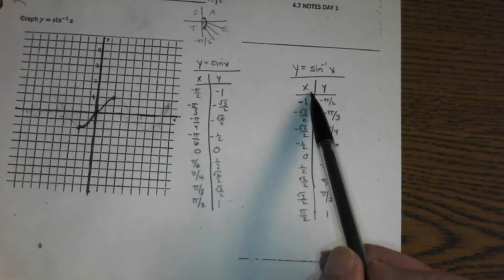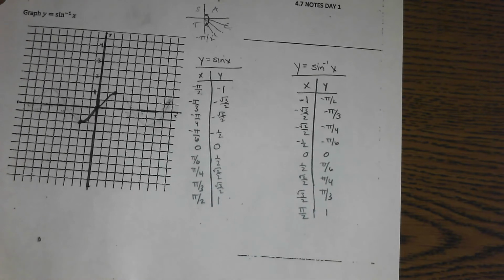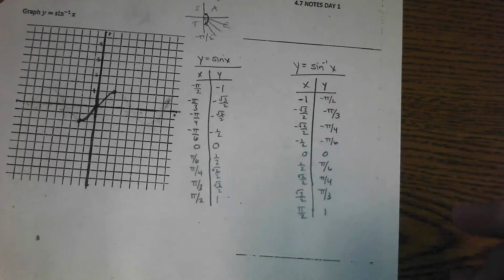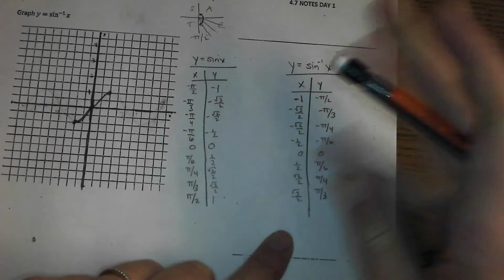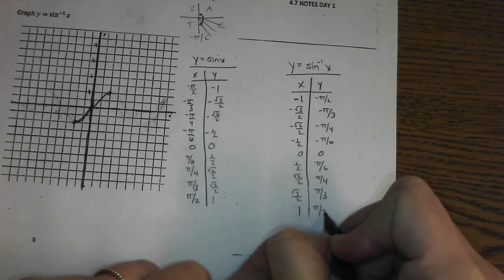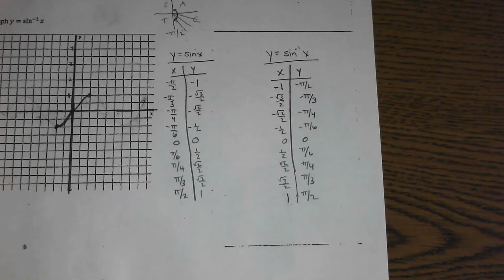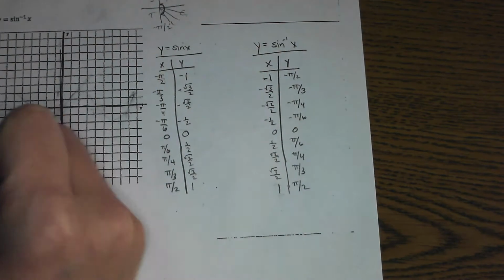And when you flip it, now your x-axis has to be labeled regular numbers and your y-axis has to be labeled via pi's. So I'm actually just going to erase this so that I can focus on graphing the inverse sine function. So now we're back to nothing.